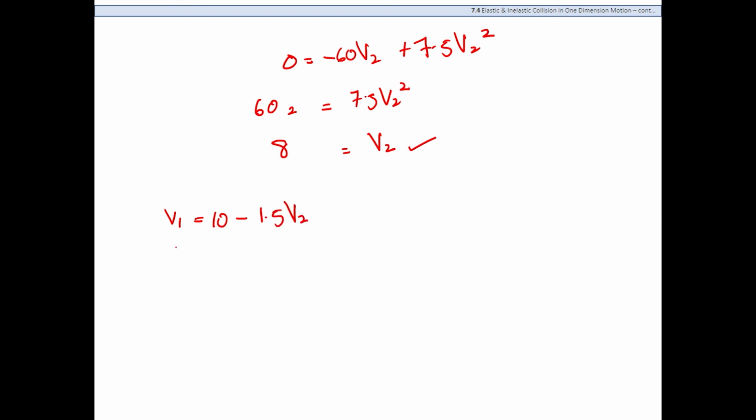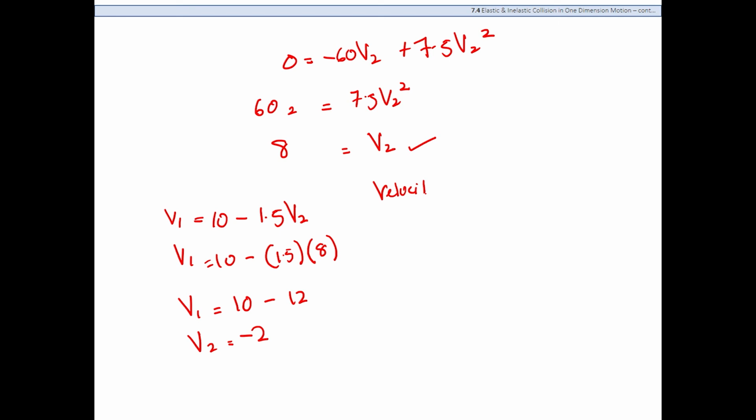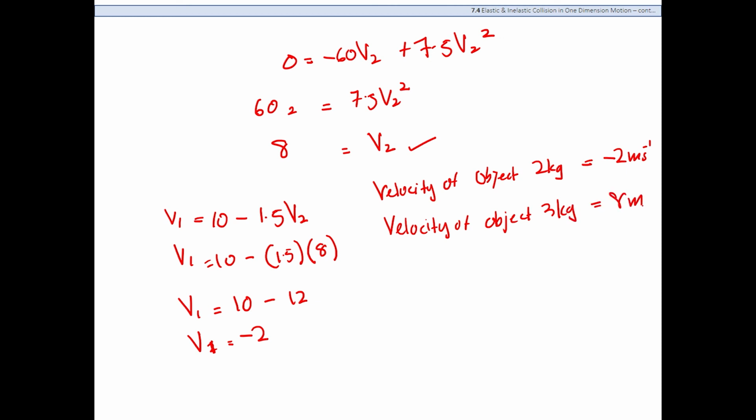So v1 is 10 minus 1.5 times 8, which gives 10 minus 12, so v1 is negative 2. So the velocity of the 2 kg object is negative 2 meters per second, and the velocity of the 3 kg object after collision is 8 meters per second.